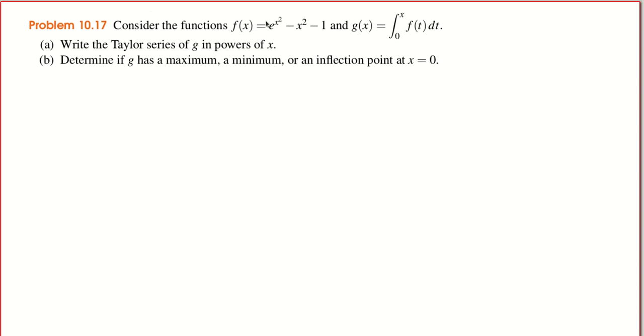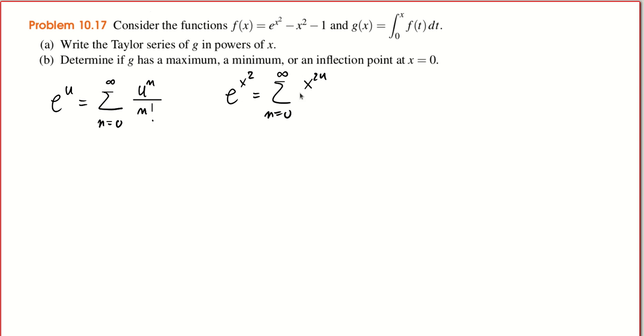All right, first of all, we're going to write down the Taylor series in powers of x of this function here, f. And for that we need the Taylor series of e to the u, which is the sum from 0 to infinity of u to the n over n factorial. If we now substitute u by x squared, what we have is e to the x squared is equal to the sum from 0 to infinity of x to the 2n over n factorial.